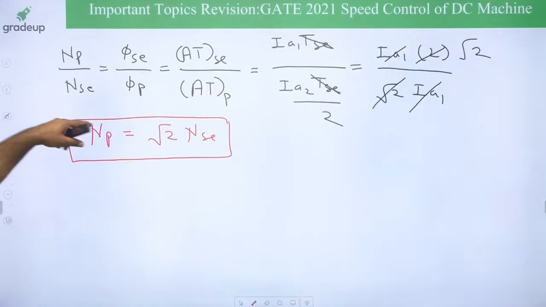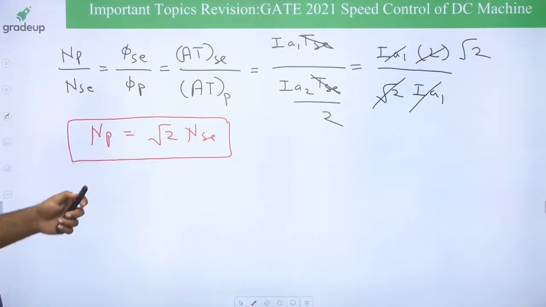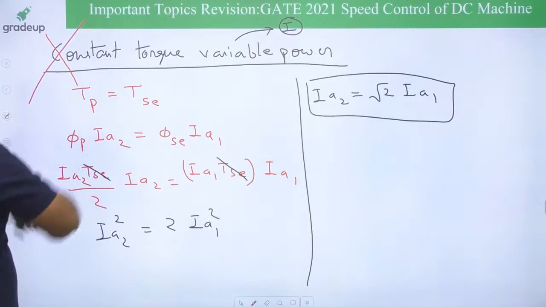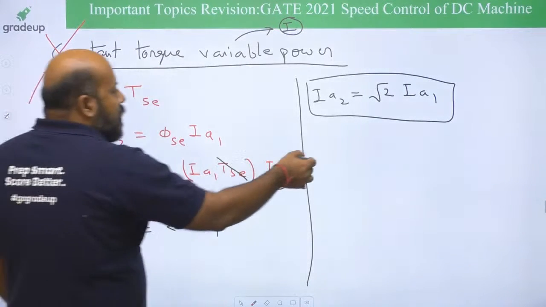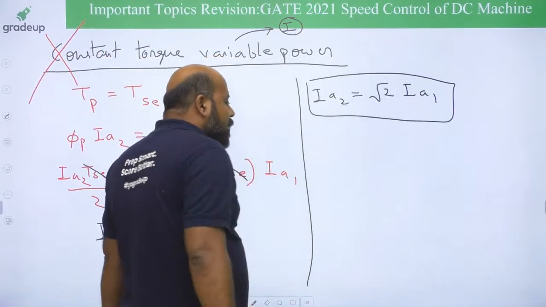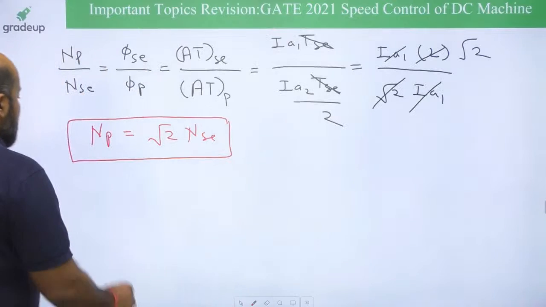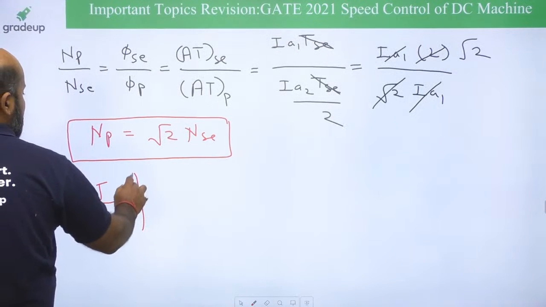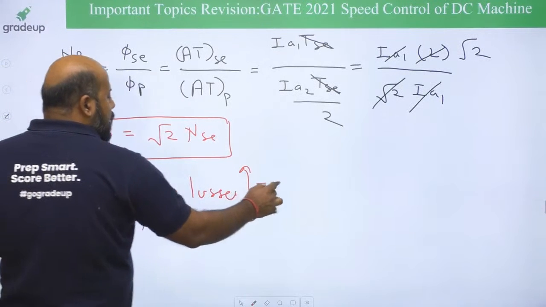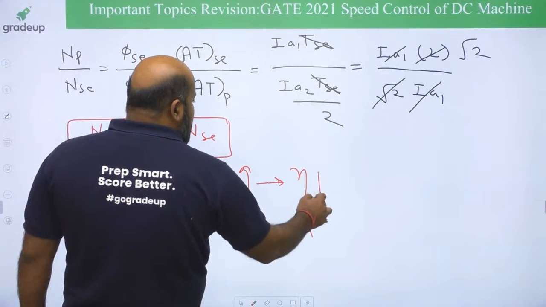Now this is the reason why we are not preferring this constant torque variable power mode, because you can see the current is increasing. If the current is increasing, the losses are going to be increased. Current is increasing, so losses increase, efficiency reduces.